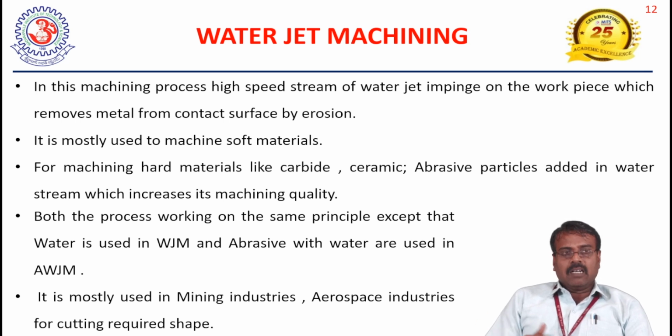We add abrasives with the water if it is required. For cutting rocks and all, in many places we can observe the water jet only. So it all depends on the usage or application. It is mostly used in mining industries, and then aerospace industries for cutting intricate shapes.